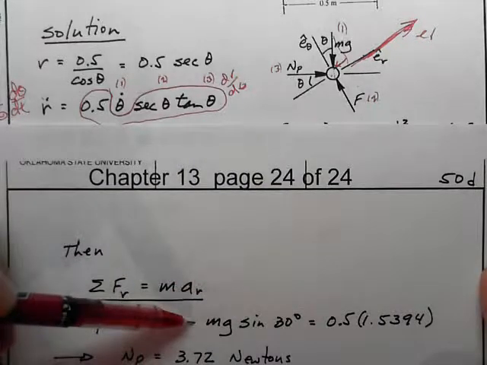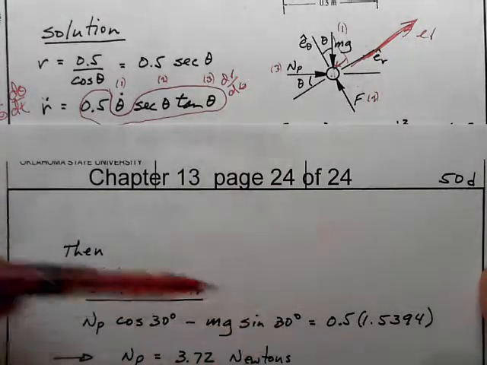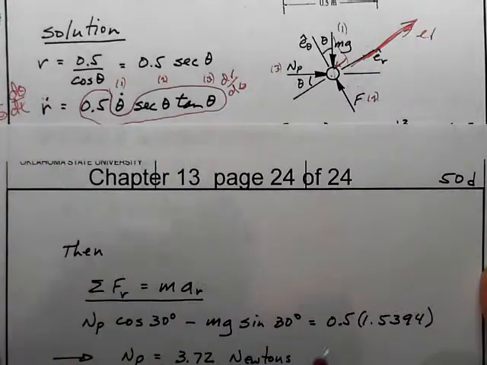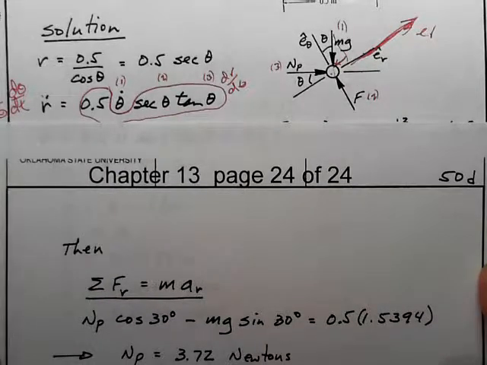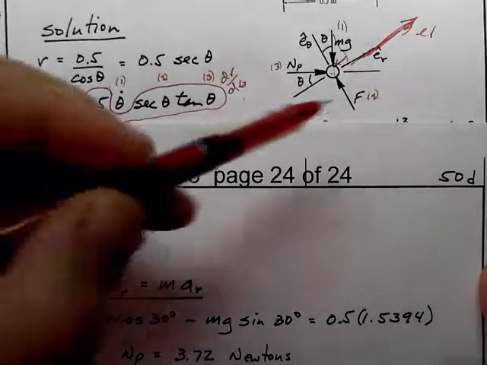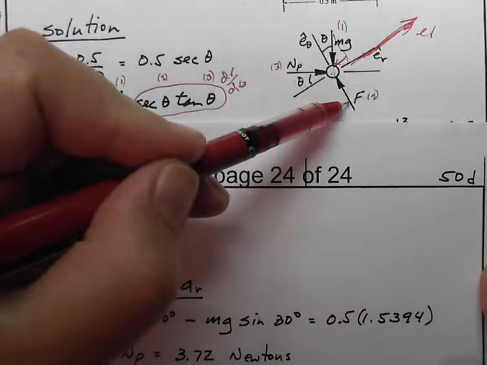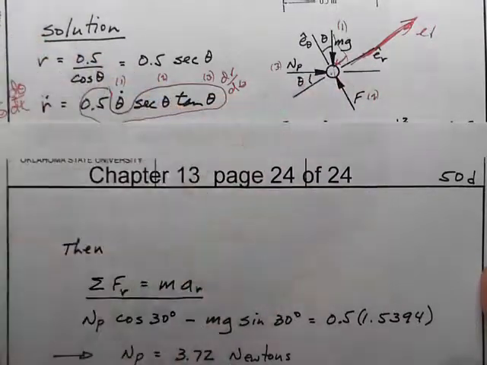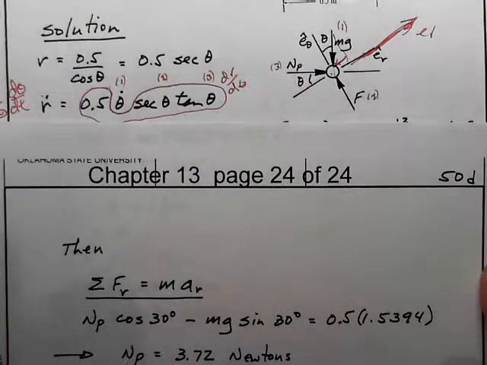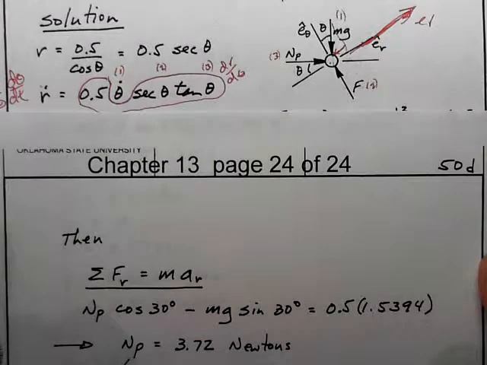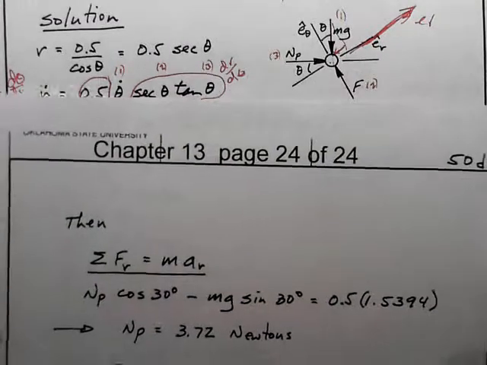So it's going to be a negative mg sine of that 30 degrees is equal to mass, which is 0.5, times the radial acceleration that we got from the other page. I was wrong. This isn't a 2 equation, 2 unknown problem, because the force between the fork and the ball does not show up in the radial equation because they're perpendicular. So that means the normal is the only unknown, and the normal is 3.72 newtons.